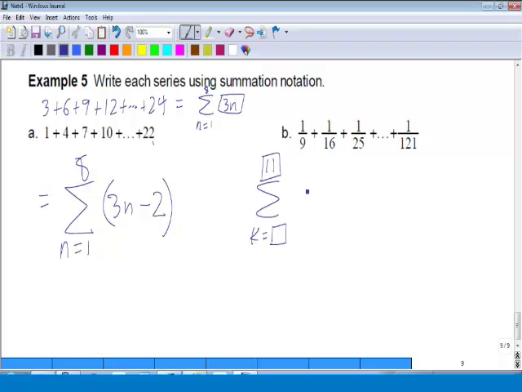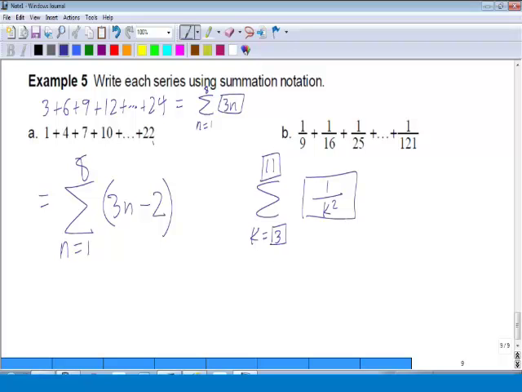What's the expression? What expression goes right here? 1 over k squared? Yeah. All right. So what number can we put in for k to get 1/9? 3. So let's start at 3. Let's go all the way to 11. And I think we'll have 1/9 plus 1/16 plus 1/25 all the way to 1 over 121.